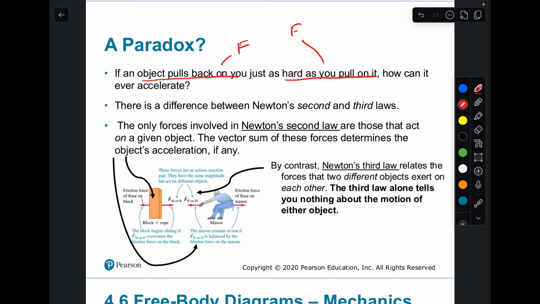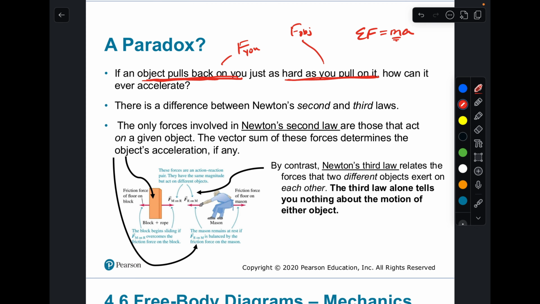You can only add up forces, you can only apply Newton's first or second law, on a particular object, that one object of mass m. If you look at these two forces, the object pulling on you is the force on you, and you pulling on the object is the force on the object.